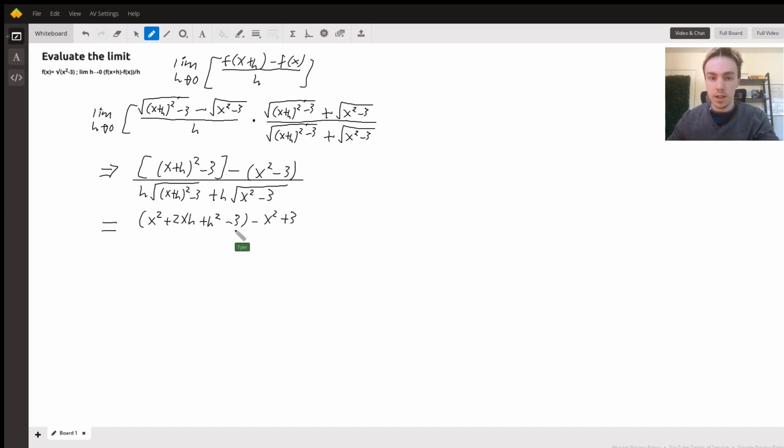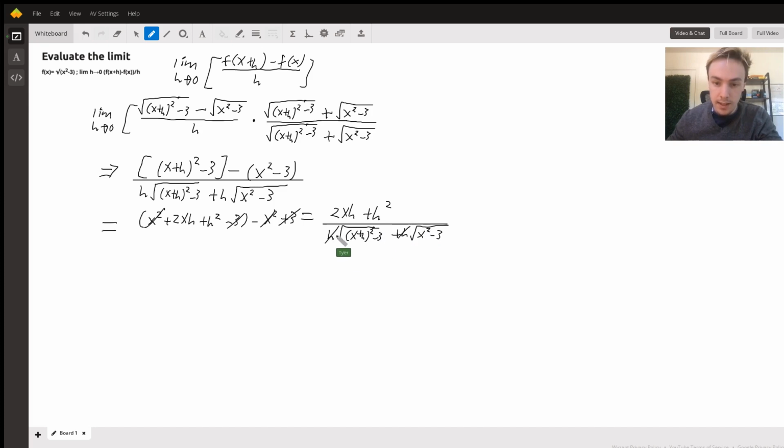Now, just for the sake of time, I won't rewrite this, but we're going to simplify the numerator here. So x squared minus x squared is 0. These things cancel out. Plus 3, we distributed the negative in, so this is a plus 3. So these two things cancel out, and we're left with 2xh plus h squared, all divided by this entire denominator, right? h times the square root of x plus h squared minus 3 plus h times the square root of x squared minus 3.